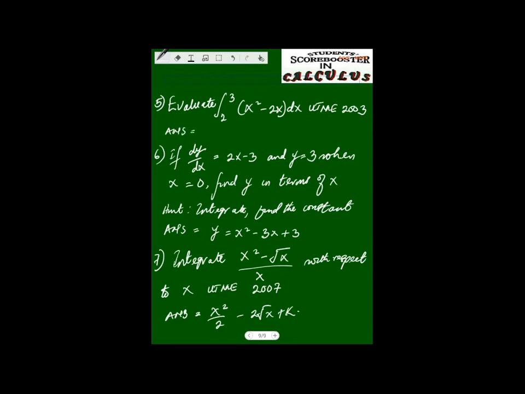The answer is most likely going to be 4/3. And if dy/dx is equal to c, when I can find it. This one is most likely, I can't remember the year, but it doesn't matter. It's a JAMB question, so just try your hands on it.